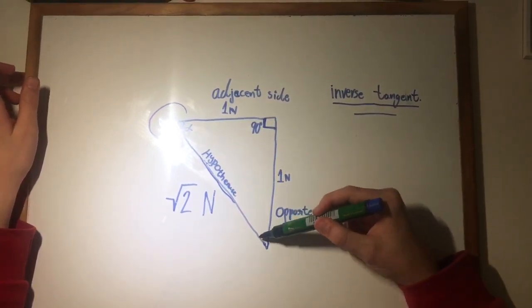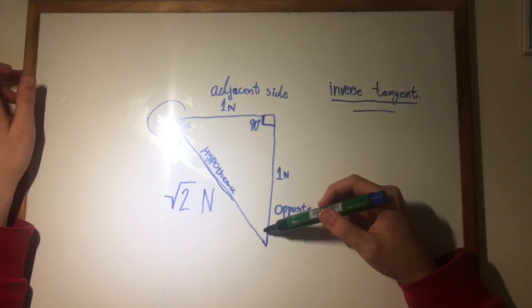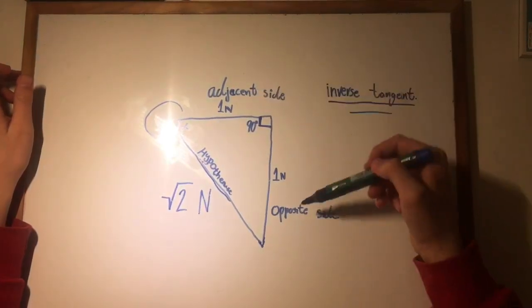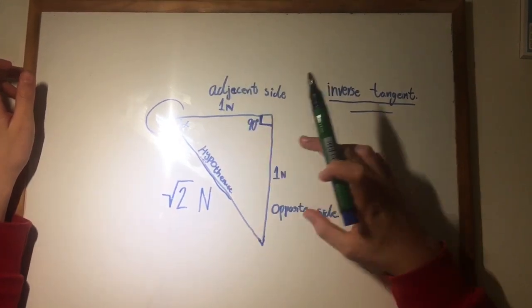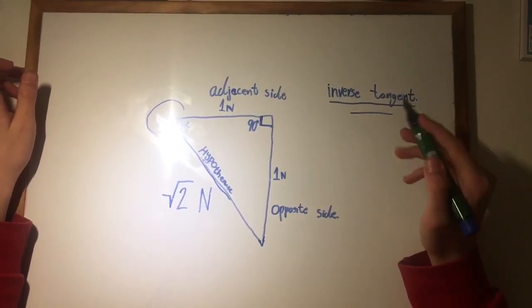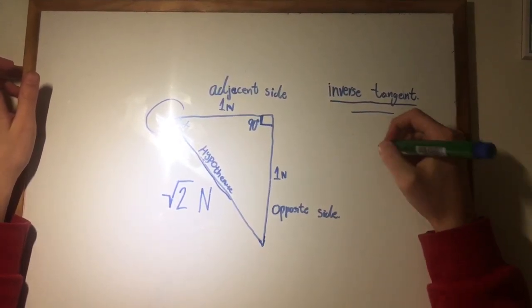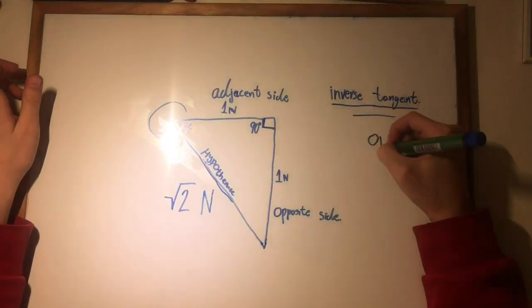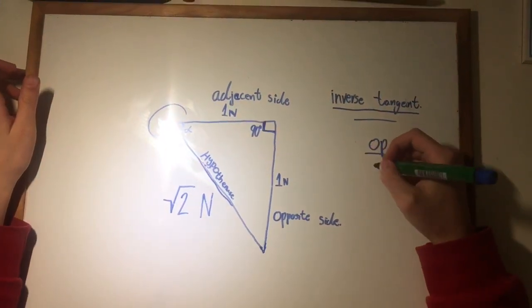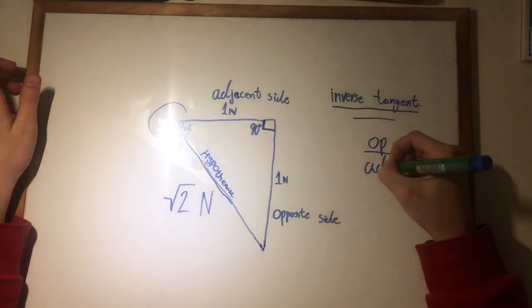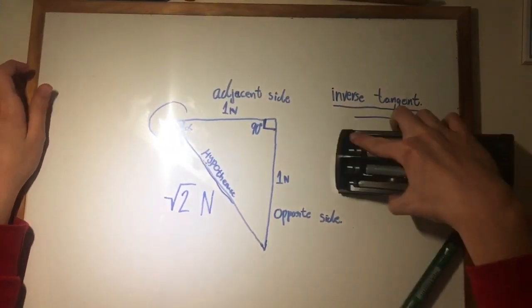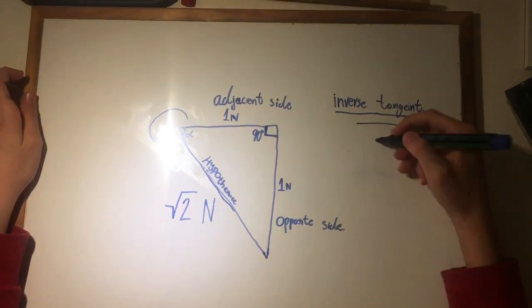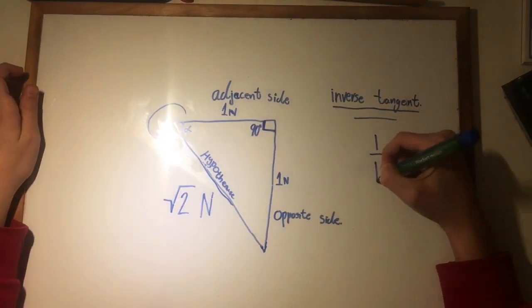But say if you were to try and find this angle, you would switch these two around, which is important to remember, that the adjacent side and the opposite side will always change depending on the way that you look at it. So the inverse tangent is the opposite side divided by the adjacent side. So that's just 1 divided by 1 in this case.